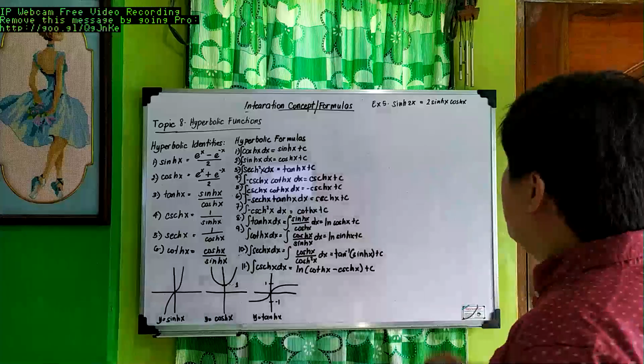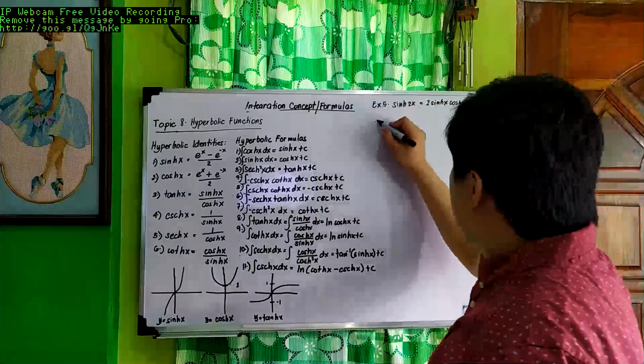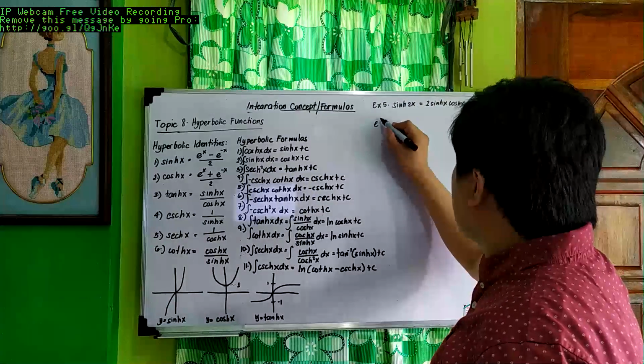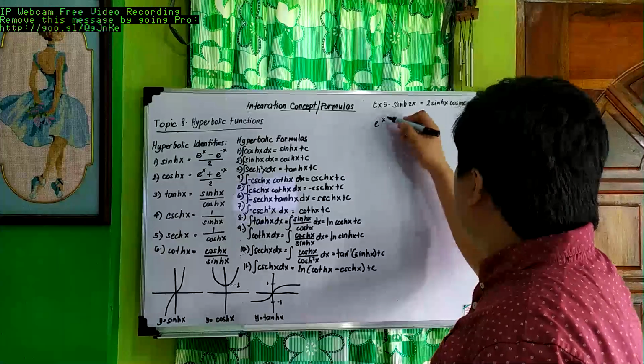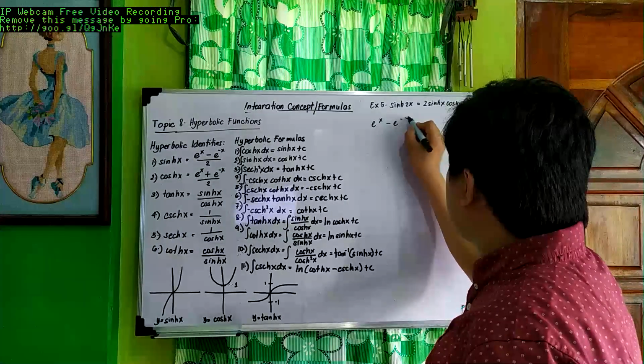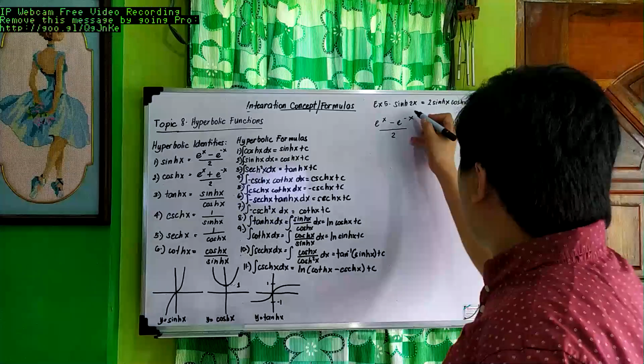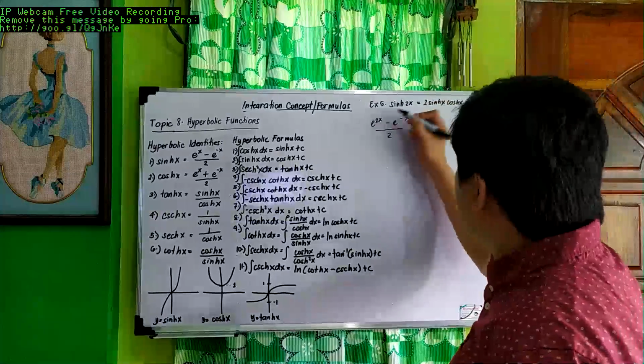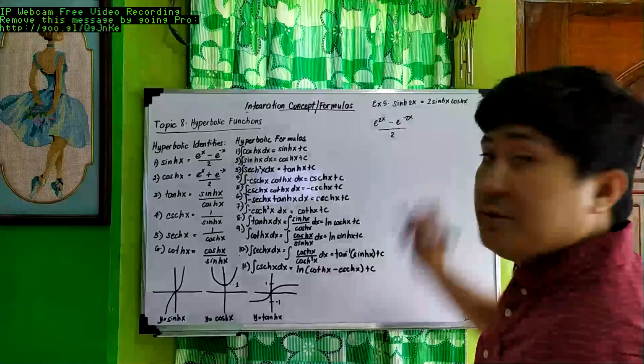So let's try. We know here that sine hyperbolic is equivalent to e raised to the power of x minus e raised to the power of negative x over 2. But here we have 2x, so you have 2x here. Okay?